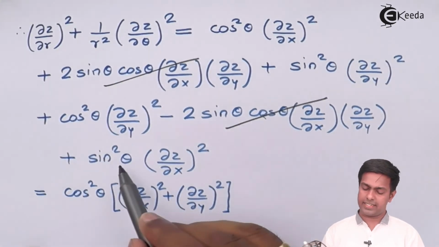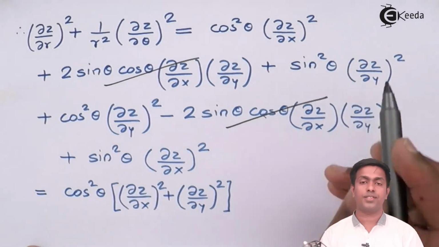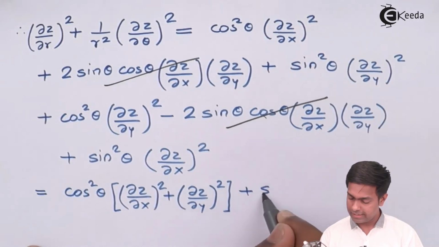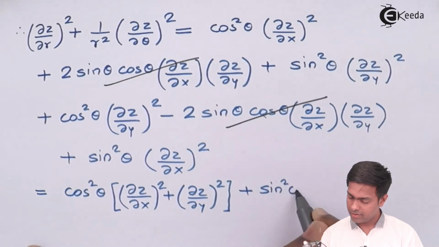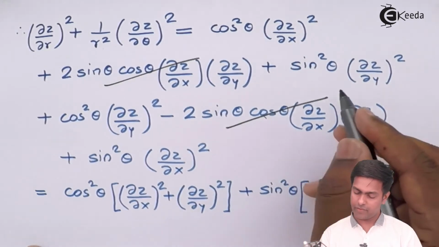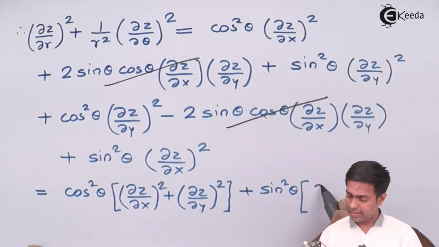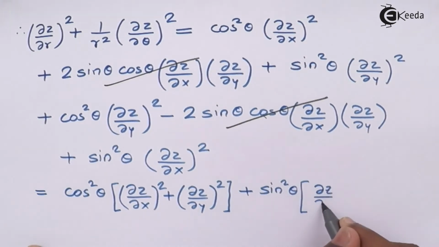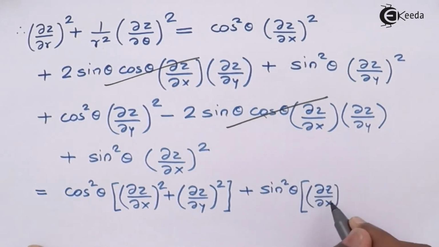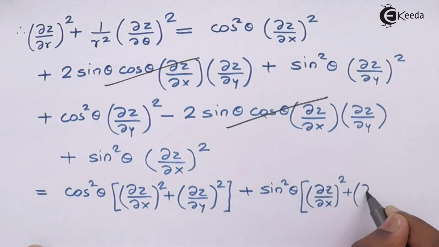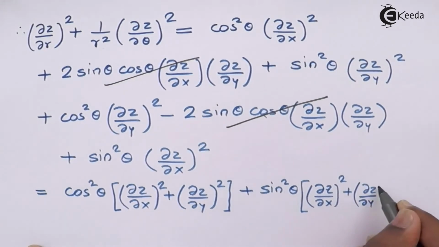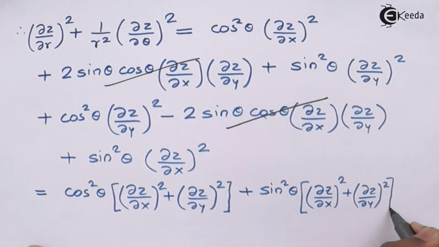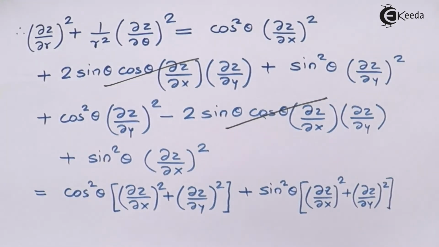Next, similarly, I'll take sin square theta common from these two terms. So sin square theta outside. Inside the bracket we'll get del z by del x the whole square plus del z by del y the whole square.